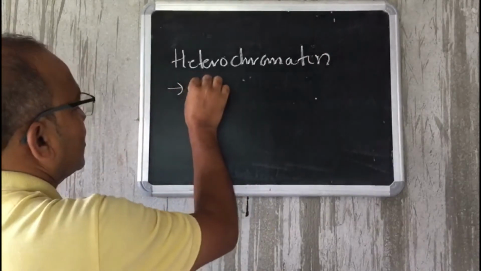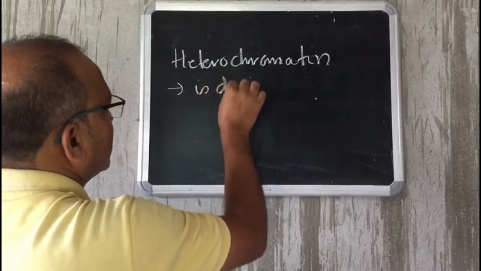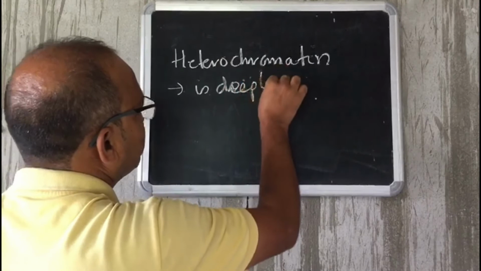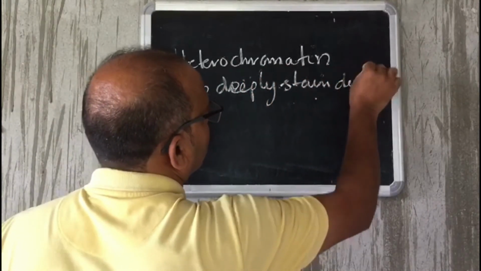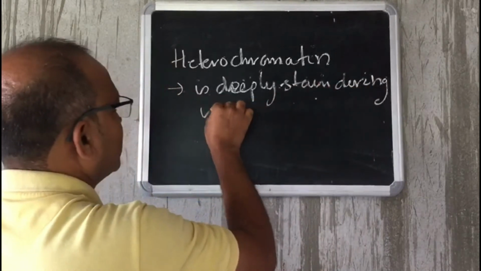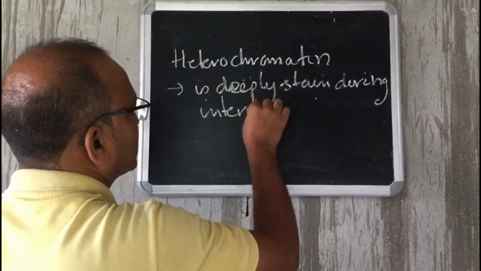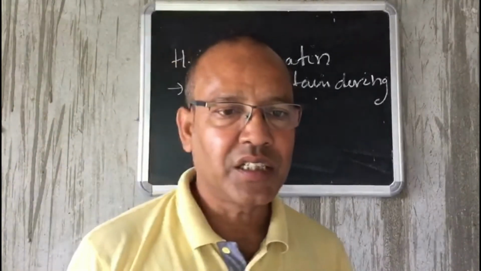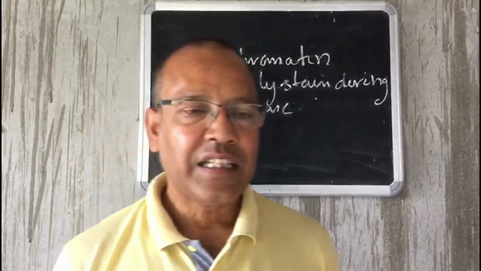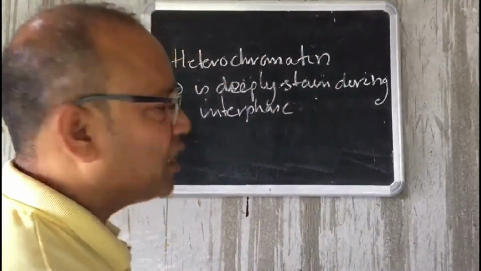Heterochromatin is deeply stained during interphase. They are deeply stained during interphase and they are genetically inactive.